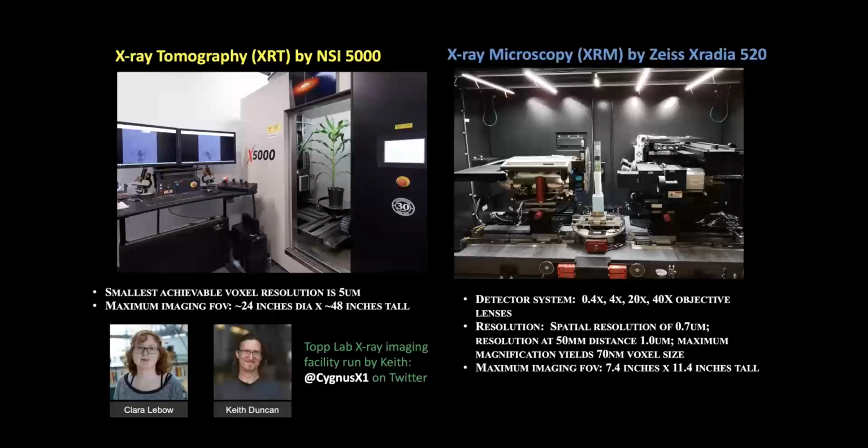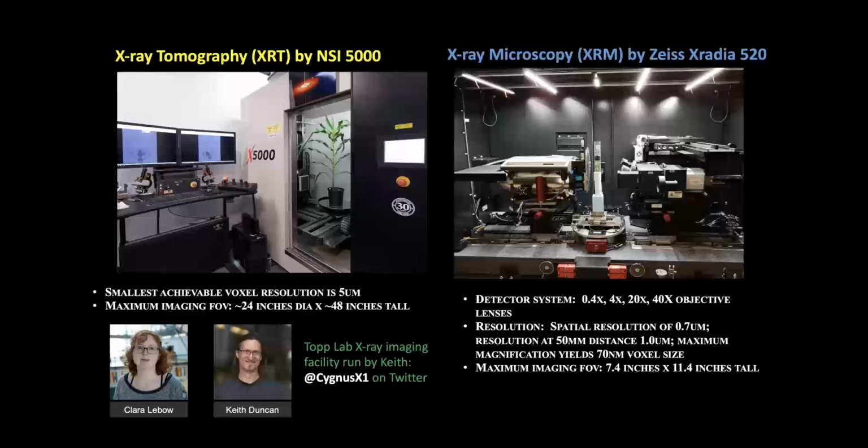And a few years later, we acquired another system which includes microscopy objectives, and that allows us to get to sub-micron resolution and to see really small things like the structure of soil aggregates, or, as I'll show you, microbes on roots and in soil. Okay, so these two systems together are a really nice complement for us.